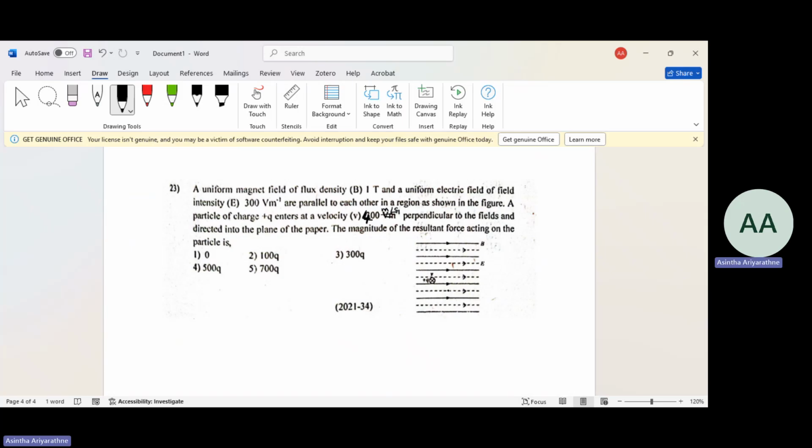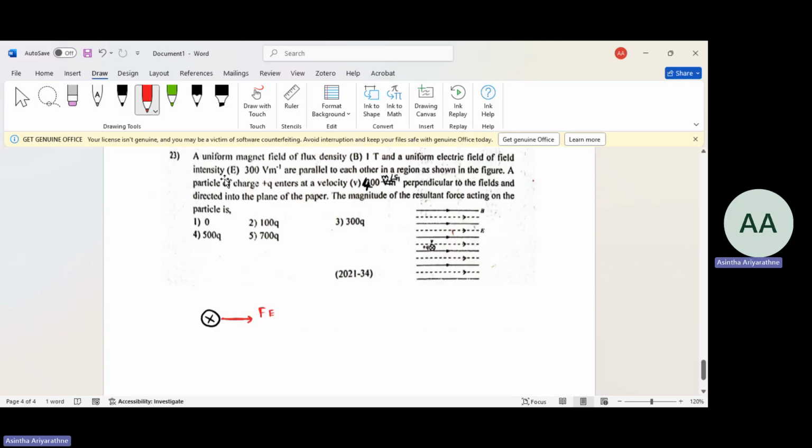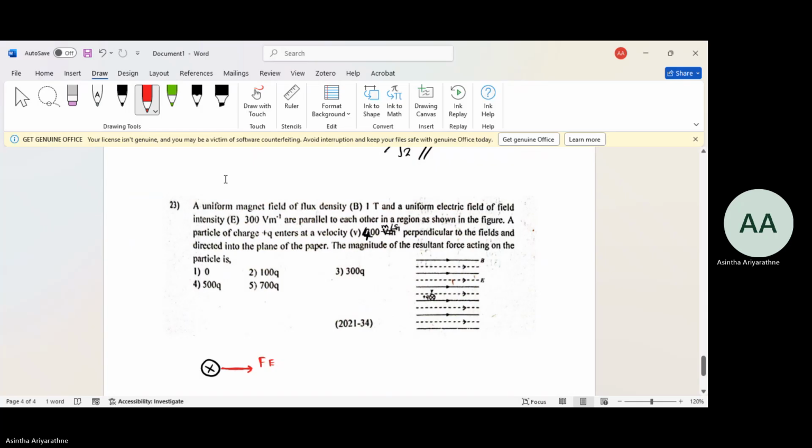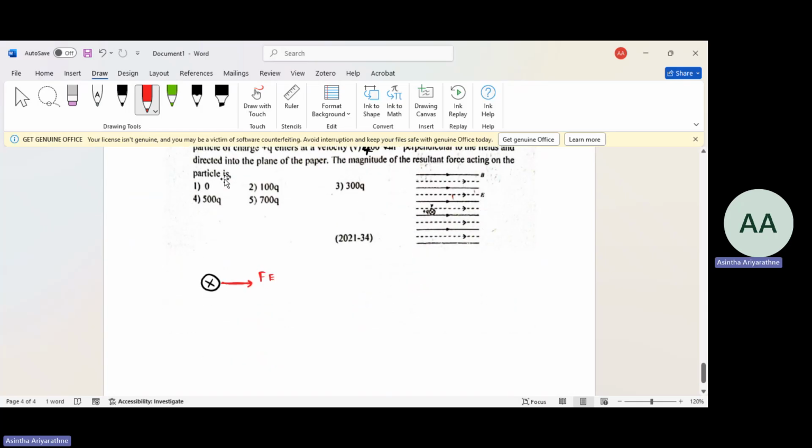The magnitude of the resulting force acting on the particle is. So, electric field, right? The direction of electrostatic force is towards right. It is a positive charge, and the electric field is in this direction.